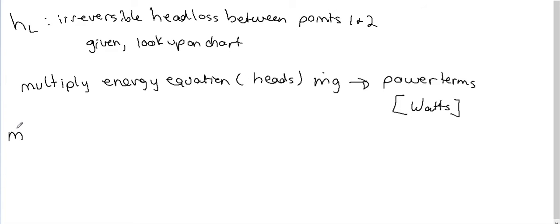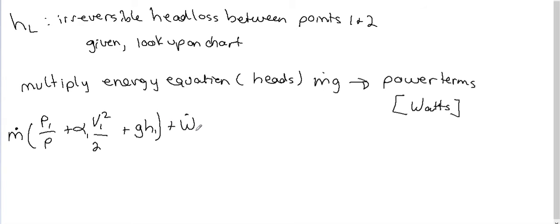So the first three terms we can just write by distributing it outside of the brackets. So we have m dot times P1 over rho plus the kinetic energy correction factor, alpha 1 V1 squared divided by 2, plus g H1, and then we still had the power of the pump. And that's equal to, now I'm going to start over here again, what's going on at point 2.